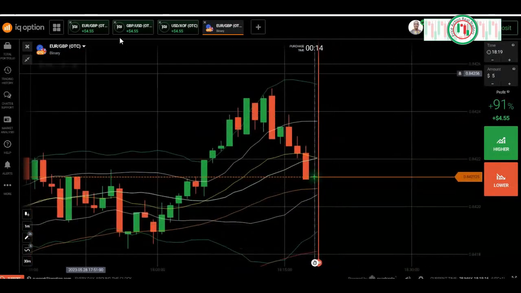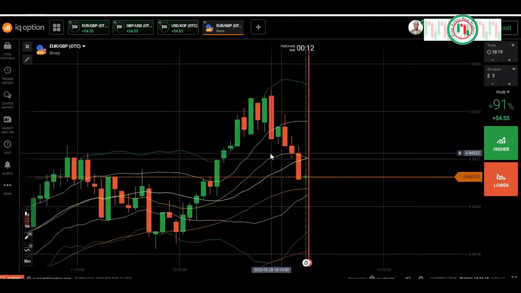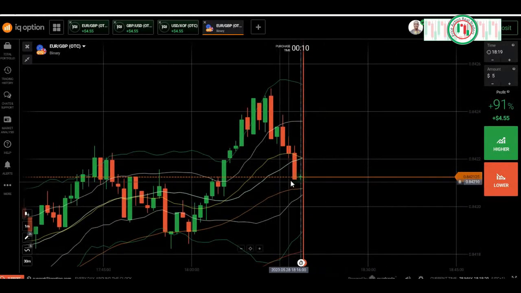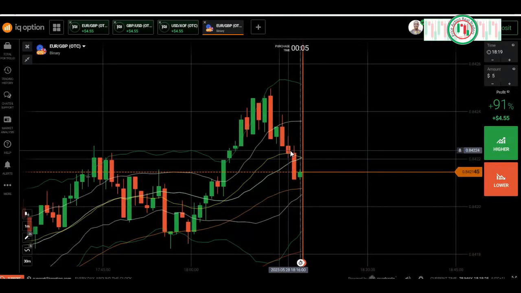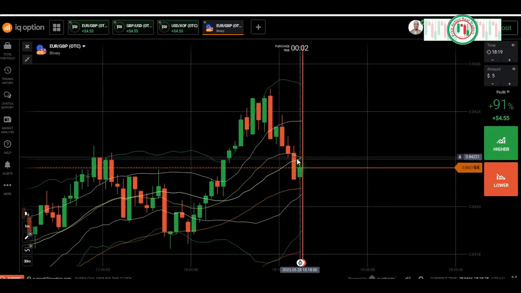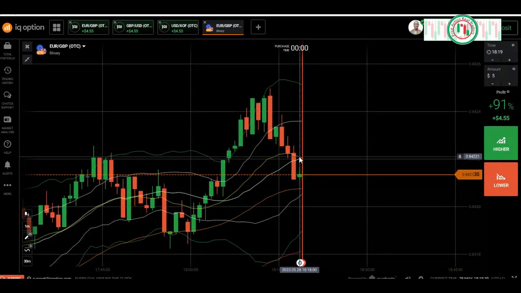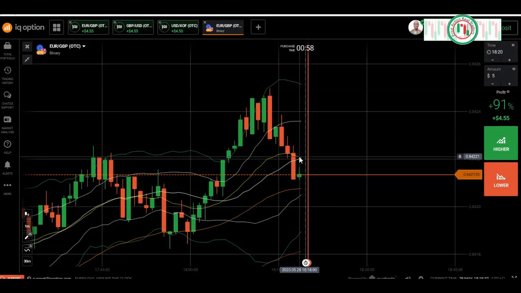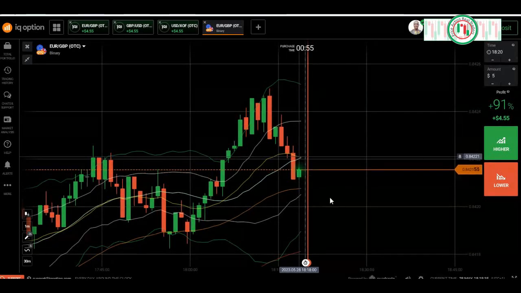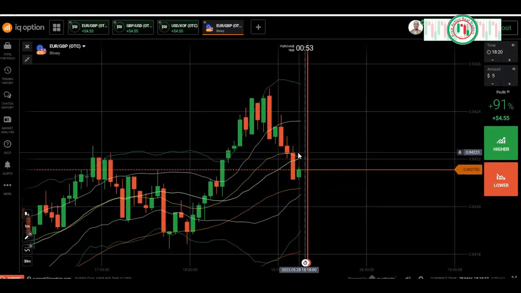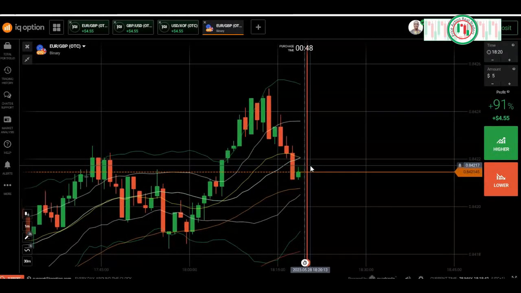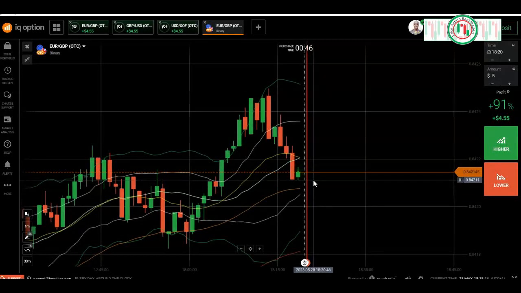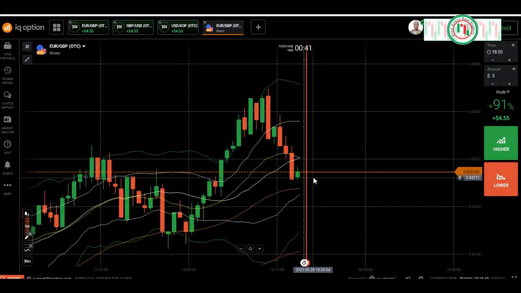So here you see this is ranging now because we are between 50 and 20 MA, but this is showing change of trend. Yes, let me see here, this area.